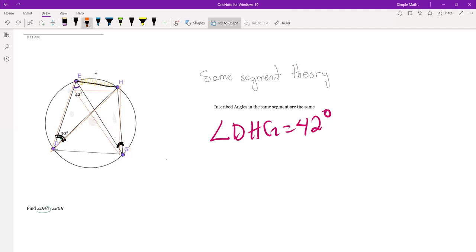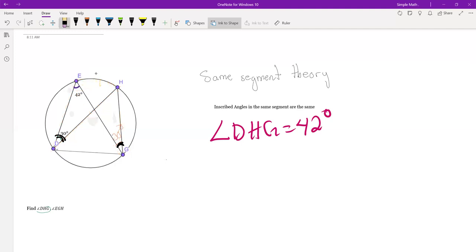Again, it's not perfect, but you can see that they both share the same base. You can see it in so many ways. They are in the same segment, they are subtended by the same arc, and they share the same base. There are so many ways to make yourself understand it, but they are more or less the same. So angle EGH is also 30 degrees.